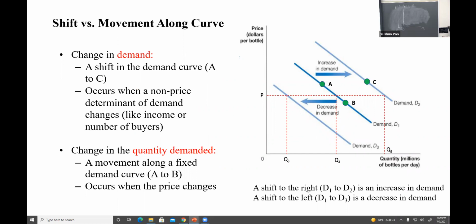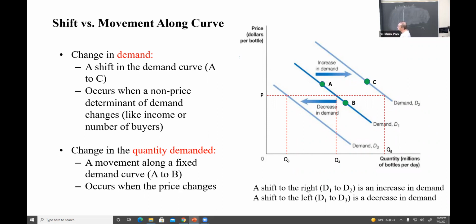That's a shift in the demand curve from point A to point C. If your demand curve moves, that's called a change in demand. It occurs when a non-price determinant of demand changes, like income, like the 5 determinants I asked you to remember. Only when these 5 determinants change will the demand curve change.